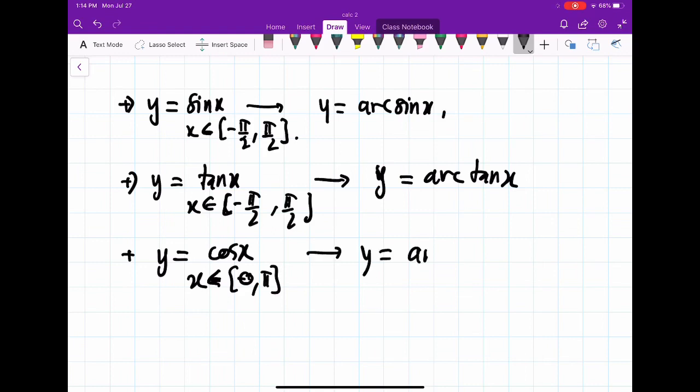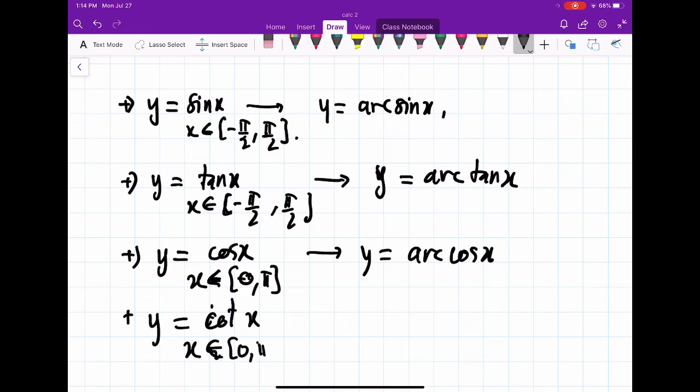That is arccosine of x. And y equal to cotangent has an inverse when x is between 0 and pi. That is arccotangent of x.